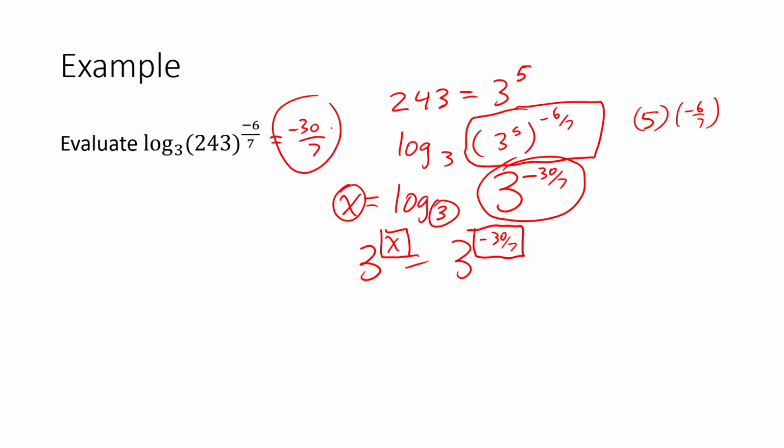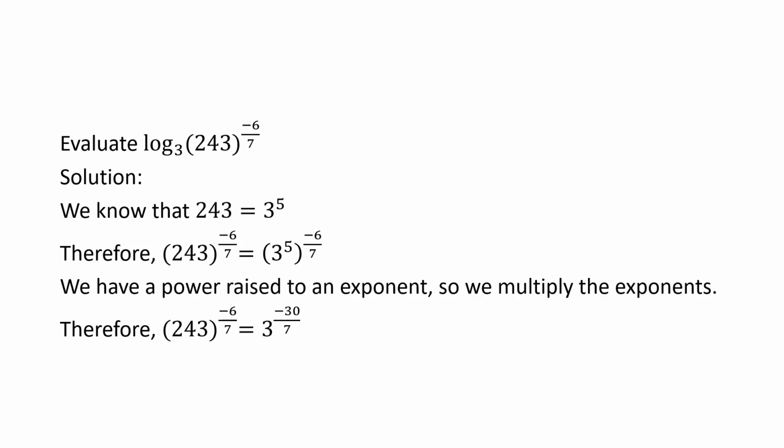Okay, this is it written out in a nice typed form. We know 243 is 3 to the 5. So 243 to the negative 6 over 7 is 3 to the 5 to the negative 6 over 7. Multiplying those gives us 3 to the negative 30 over 7.